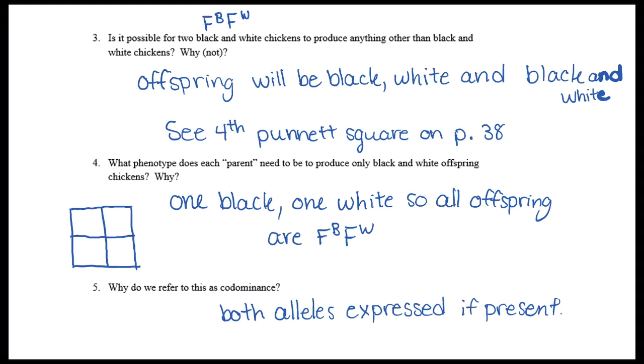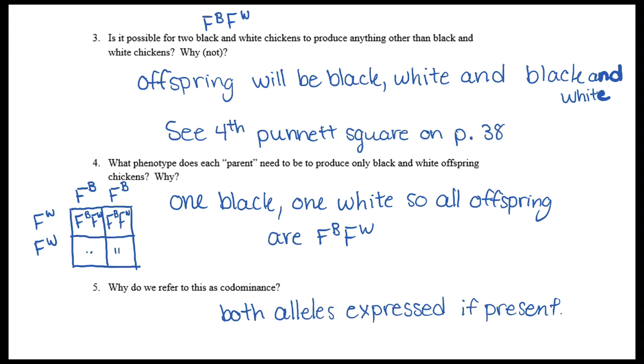So this is the same as the first example on page 38, but essentially if we have FB crossing with FW, you get FB, FW, FB, FW, and so on. These two will be the exact same as those two.